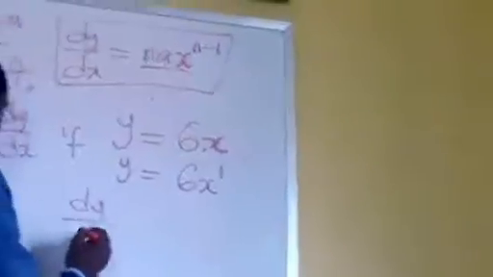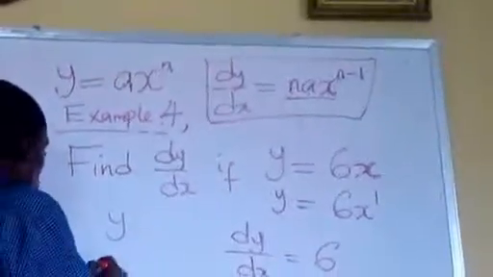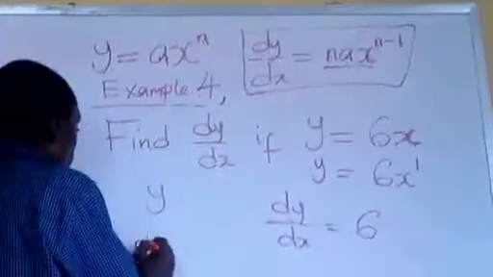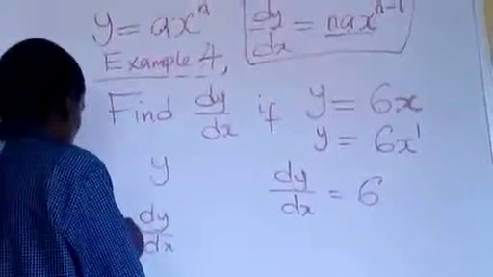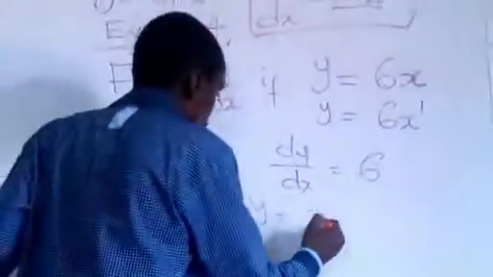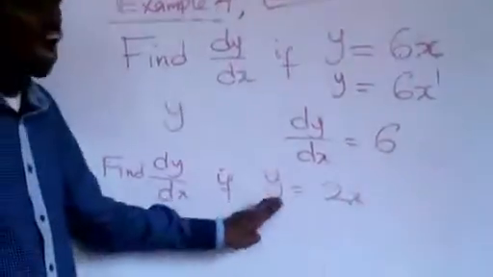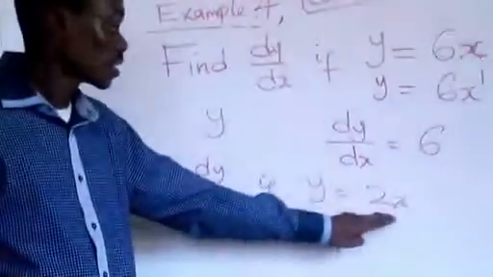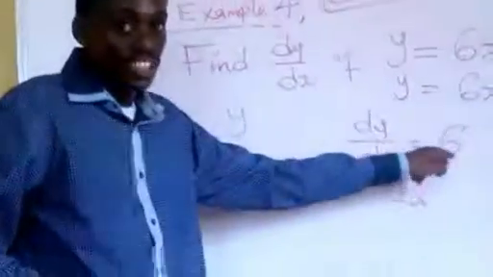So how about if you were asked to find dy/dx if y is equal to 2x, what is going to be the dy/dx? If you look at this, just compare them. When you analyze, the answers are going to be similar.